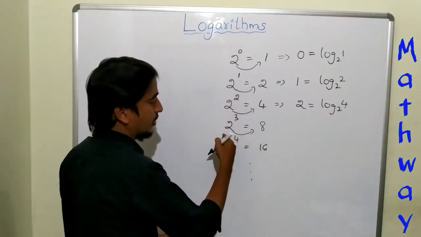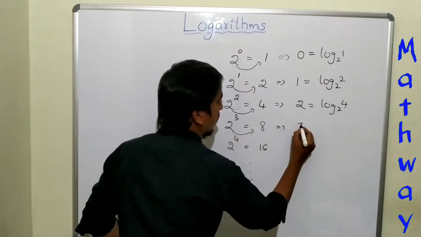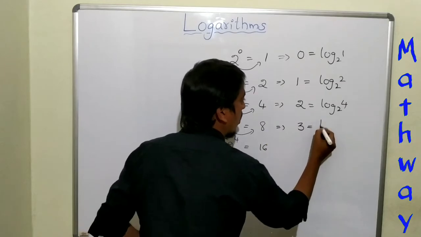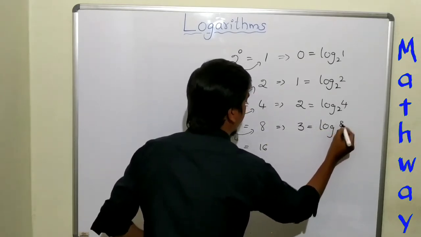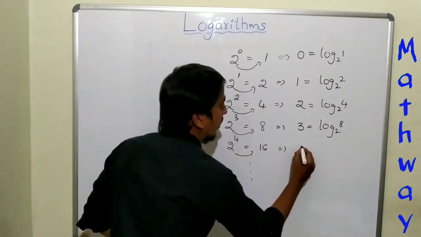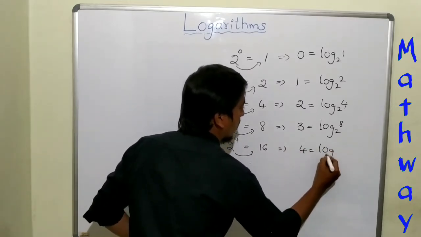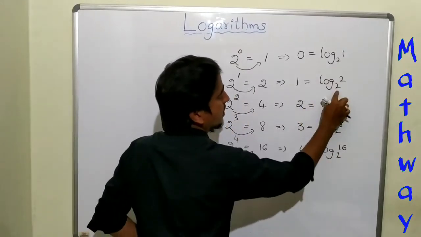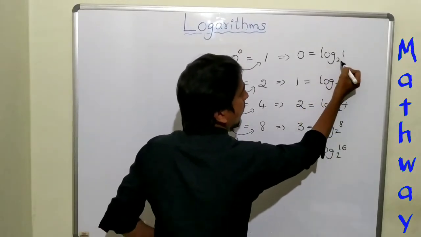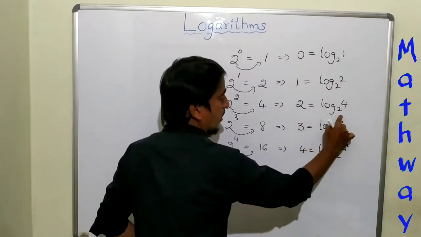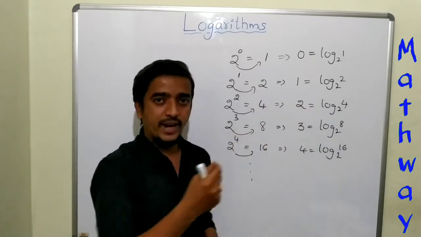If you send again this 2, then we get 3 equals log 8 base 2. If you change this, we get 4 equals log 16 base 2. Here this number is called the base. So we can read this as log 1 base 2, log 2 base 2, log 4 base 2. Here all of them have base 2.